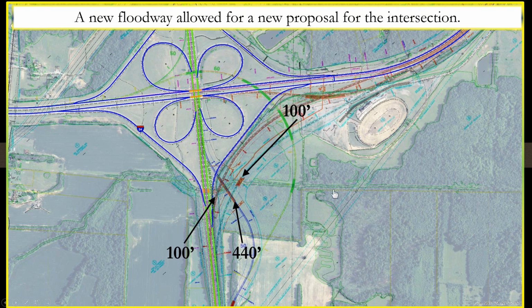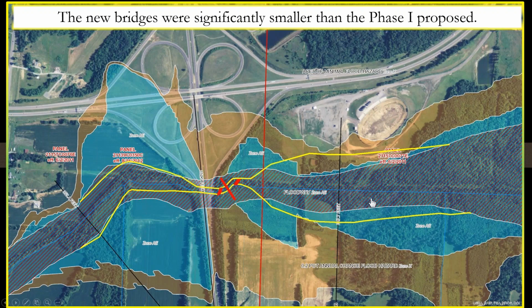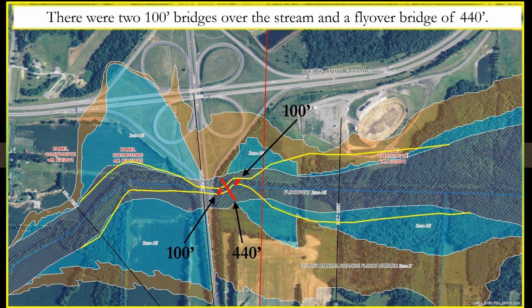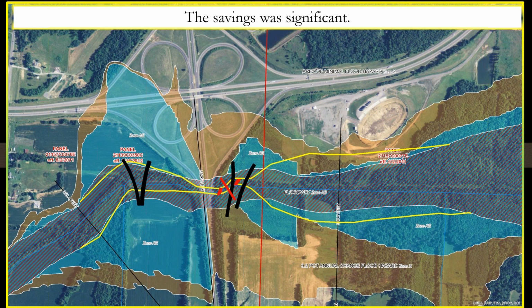And so now the structures are about 100 foot with a 440-foot flyover. So the new bridges were significantly smaller than the original. It says bridges, but we actually had this down to culverts with the flyover.